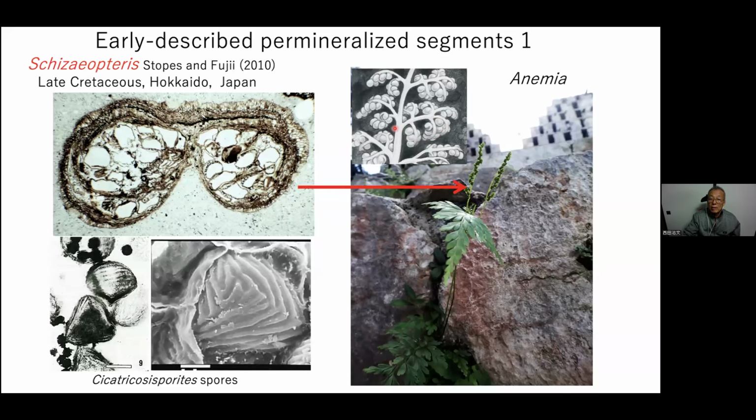Lamina is reduced in this illustration, but usually Anemia has segments with flat lamina and with dorsal, with ventral sporangia. And this is a living one, which I found in Mexico. And Schizaeales has spores with fine muri in the distal face, like this.